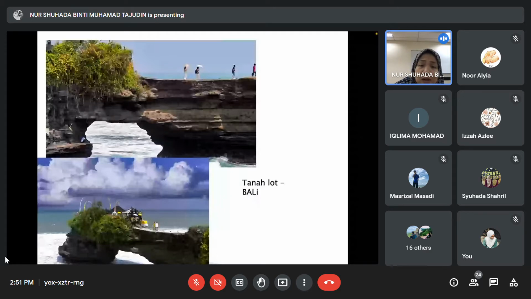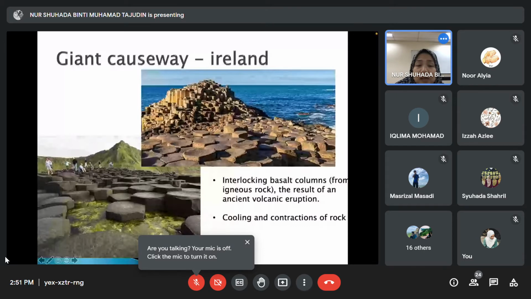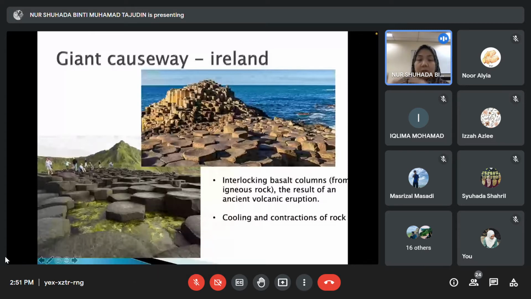Volcanic eruption, meaning that magma lah, the magma of the volcanic. But when it cools down, it started to form a stone, form a rock. So the rock shape is affected by the cooling and contractions of the rocks, controlled by the temperature and weather.